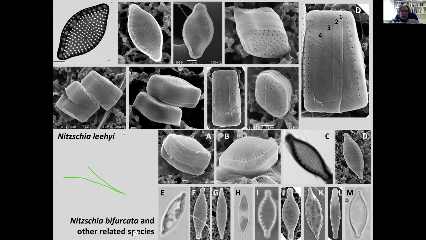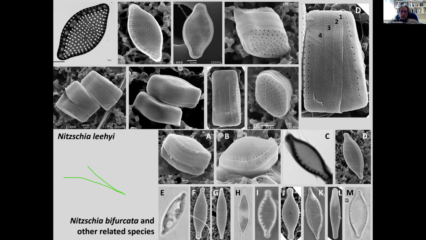You can see Nitzschia leyi with this morphological variability and the number of girdle bands, 4 bands here in letter D. But in the panel down, you can see Nitzschia bifurcata and some other related species.